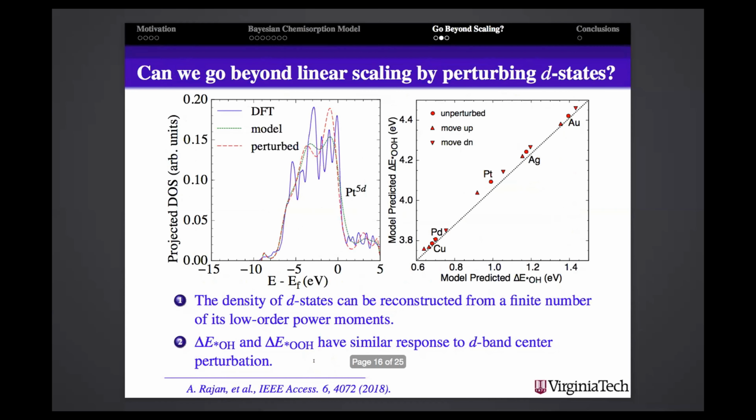We can learn a little more about whether it is possible to break scaling between these two different adsorbates.